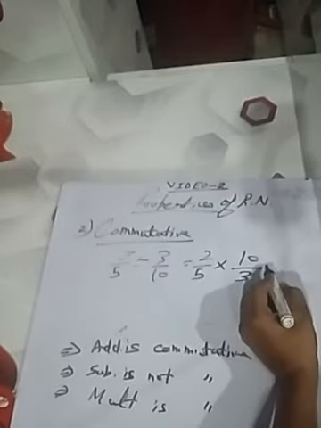Two by 5 divided by 3 by 10. 2 by 5 multiplied by 10 by 3. You will be getting 4 by 3. Now what happens if you change the places? 3 by 10 divided by 2 by 5.